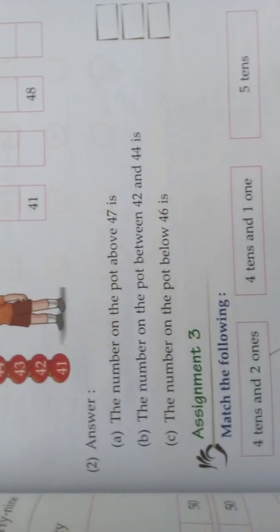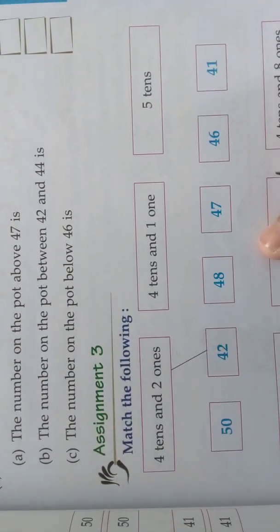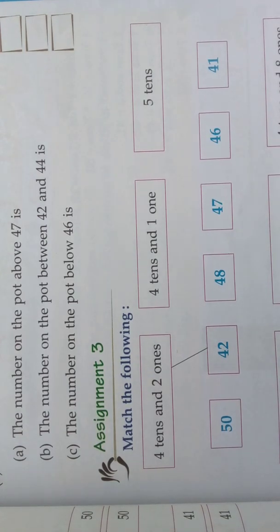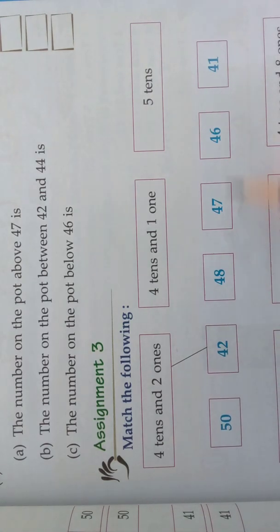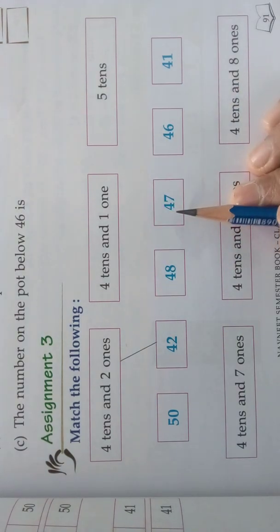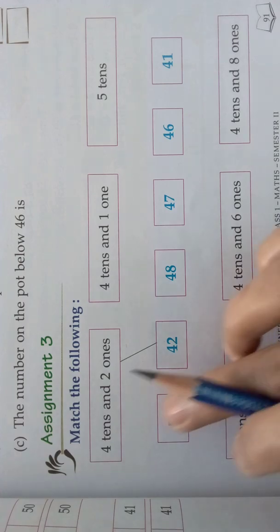Come, we will see assignment 3, okay. Match the following. See here, the numbers are given, okay, and how many tens are there and how many ones are there, those are all given here.